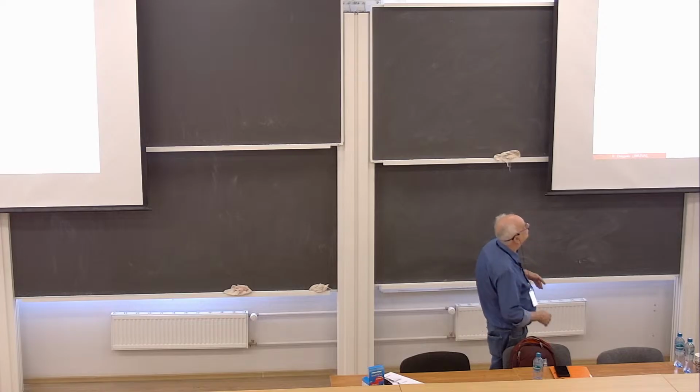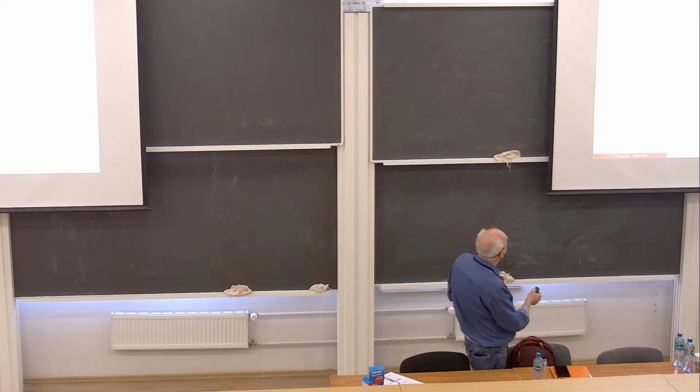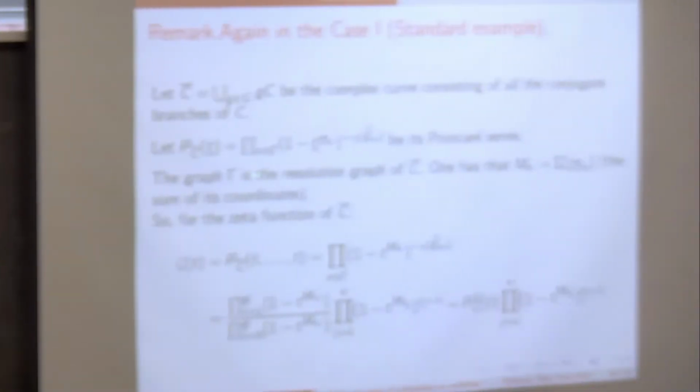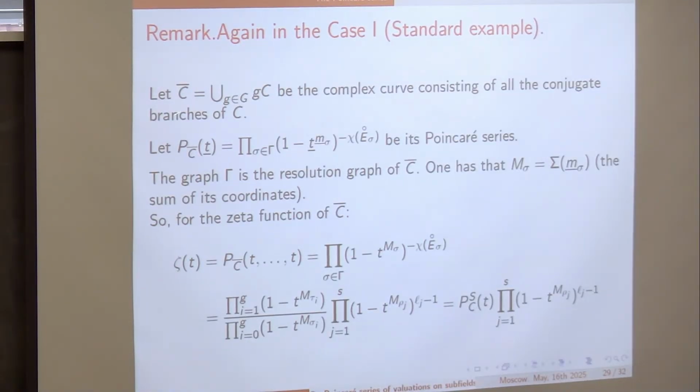Well, I can give you something. If you take, also in the case 1, all the curve with all the conjugate branches, you have a reduced complex curve. You have the Poincaré series, which is this equation, the Campo formula type, which is the Alexander polynomial.